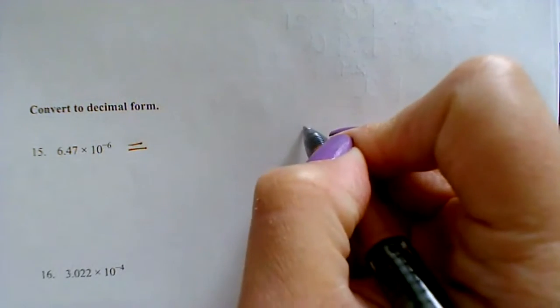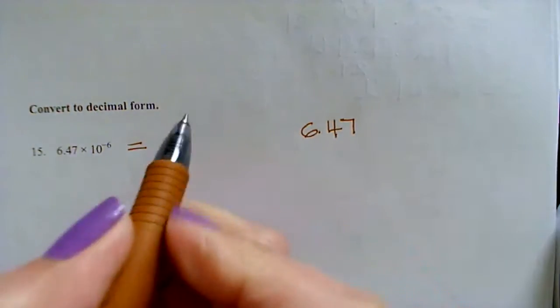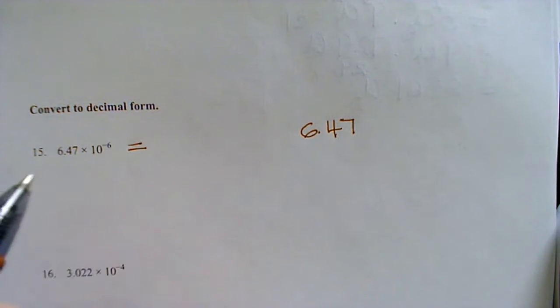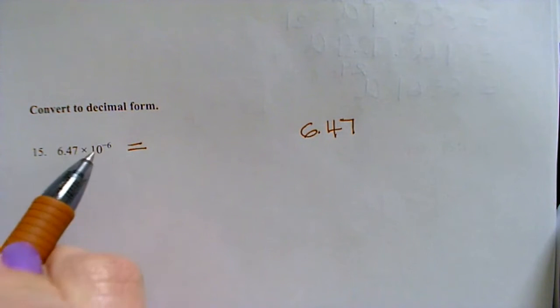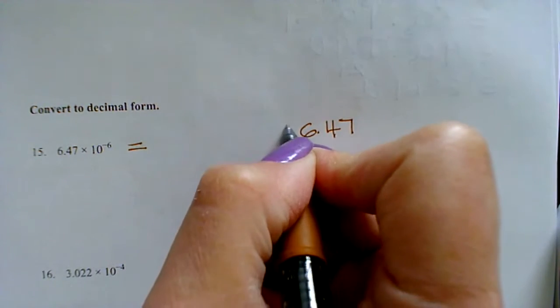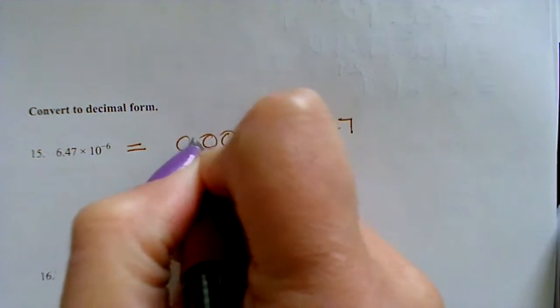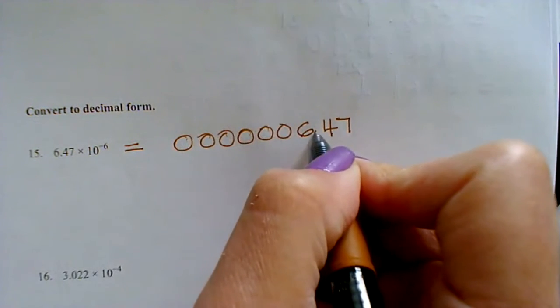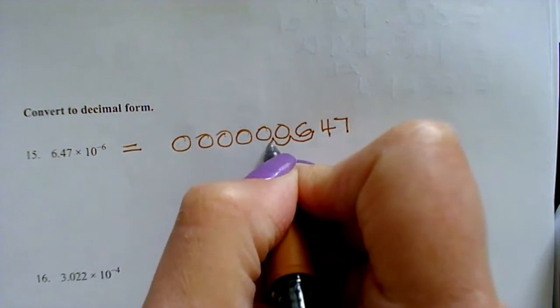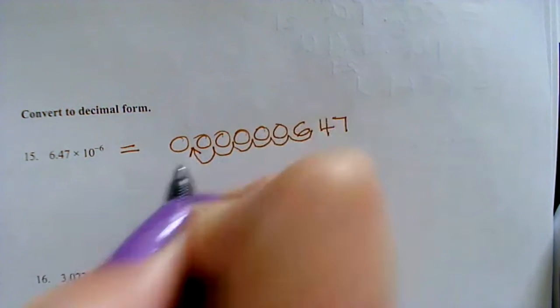Okay, so what do we have? 6.47 times 10 to the negative 6. Because it's negative 6, we know it's going to be a very small number. It's going to be a decimal. So 1, 2, 3, 4, 5, 6. Let's move 1, 2, 3, 4, 5, and 6 spaces.